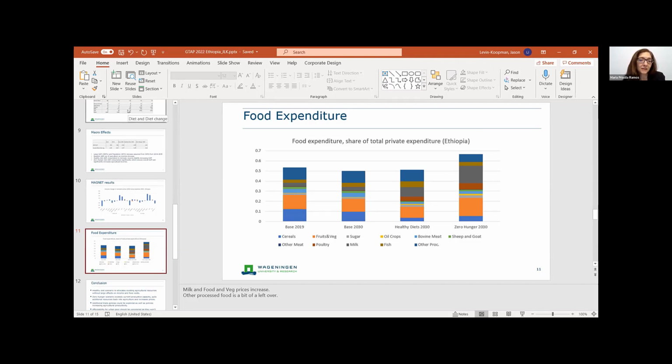So I am interested to know if it is possible to get some results, for example, on how these changes in food expenditure, particularly in the zero hunger scenario, can introduce changes in macronutrient intakes or in vitamins or in minerals, and also to know if they will eat more and also better in qualitative terms. Is it possible, or do you have some results to share with us?